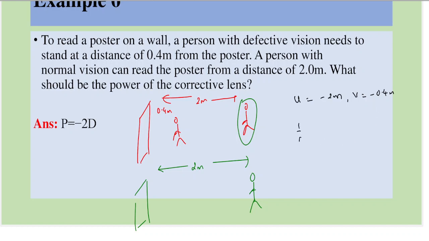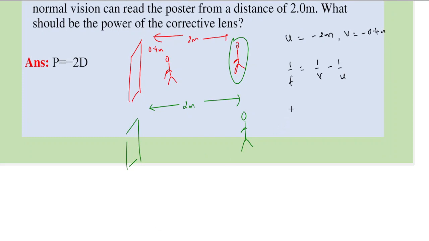So 1 by f is equal to 1 by v minus 1 by u, that is equal to minus 1 by 0.4 plus 1 by 2.